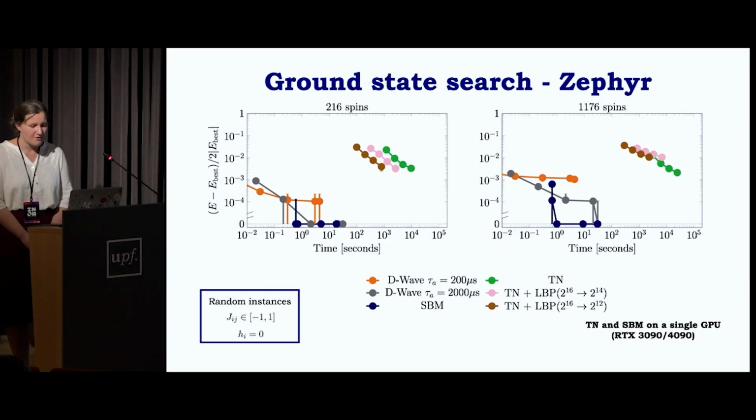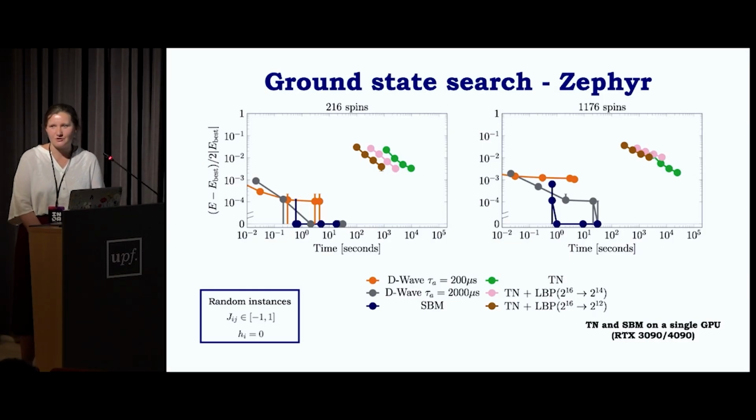Zephyr geometry, however, proves to be more challenging for our tensor network method. You may see that we are able to identify states with energies below approximation ratio 10^-1, 10^-2. And we expect this drop in performance may be related to the fact that in the Zephyr geometry, we have more of these diagonal couplings than in the Pegasus graph.